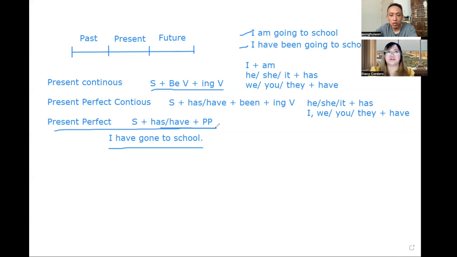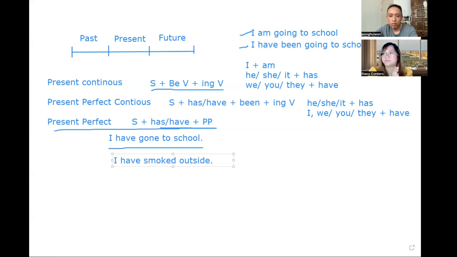So another example, if I am smoking, and then I went inside the room and then it smells like cigarette, I would be saying I have smoked outside. So that means it just recently happened.